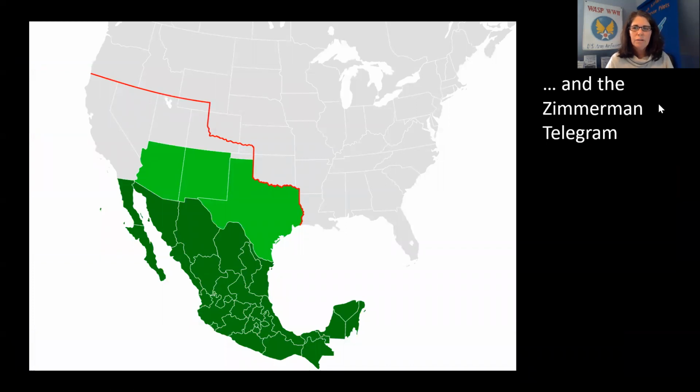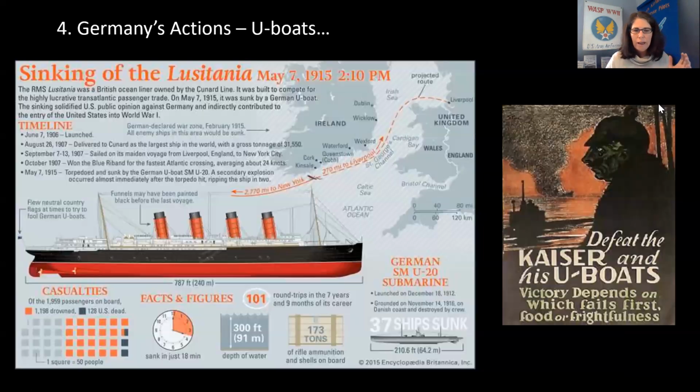So the Germans had the U-boats and sinking the Lusitania and all these things, but everything kept building more and more and more. After the Lusitania, President Wilson sent them a note and said, hey, knock it off or we're going to war. And the Germans didn't want the United States in the war. They knew that we would have enough stuff to push it over the edge, our goods that we would bring with us.